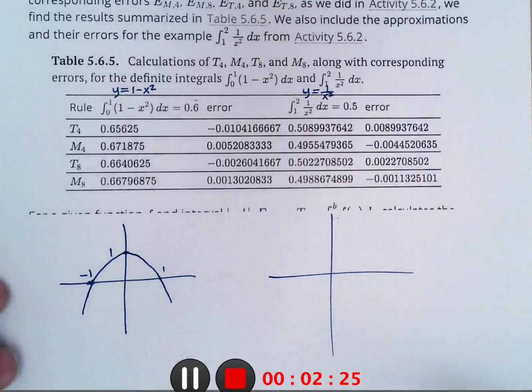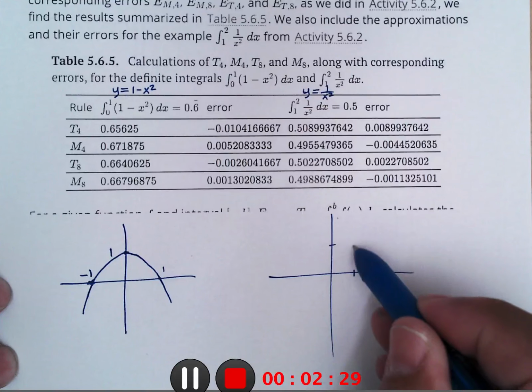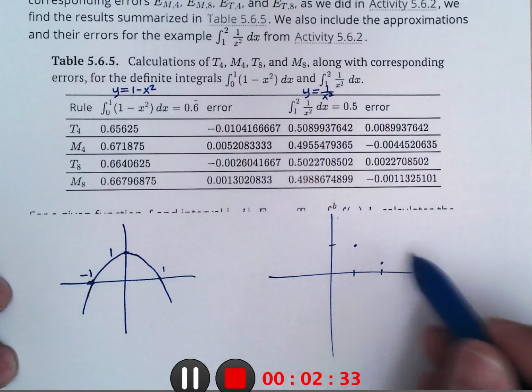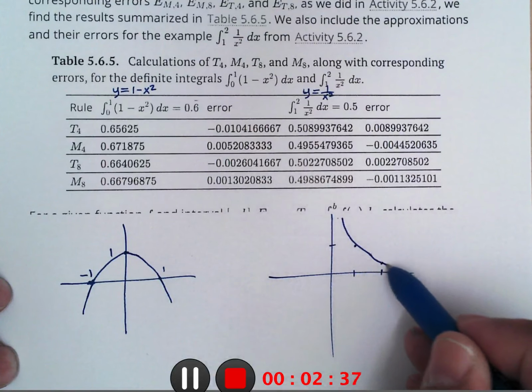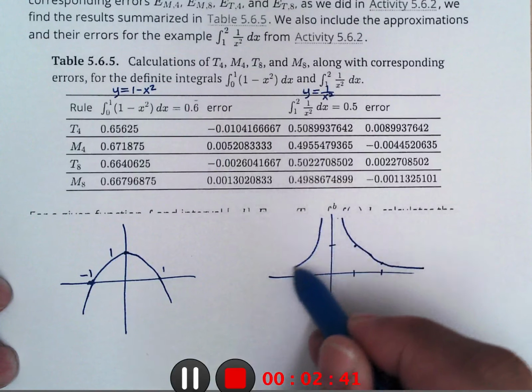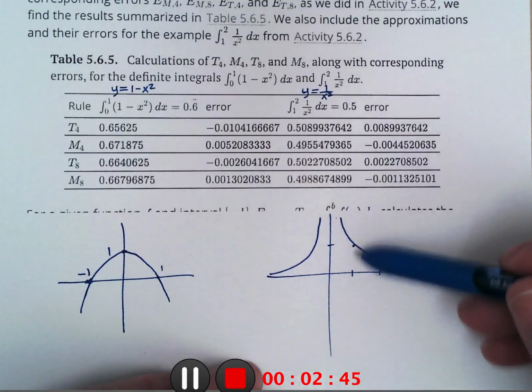So 1 over 1 squared is 1, and 1 over 2 squared is 1/4. It looks something like 1 over x squared, except on this side it does it this way. So they're looking at the area under this curve on this side.